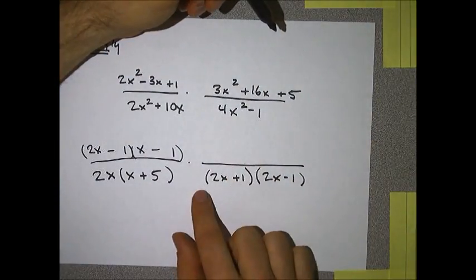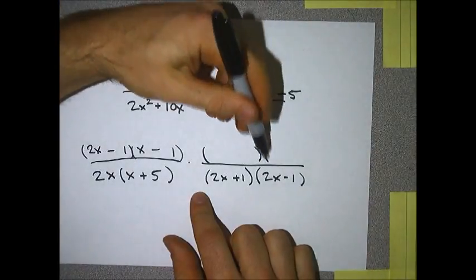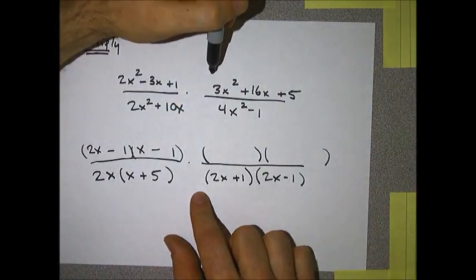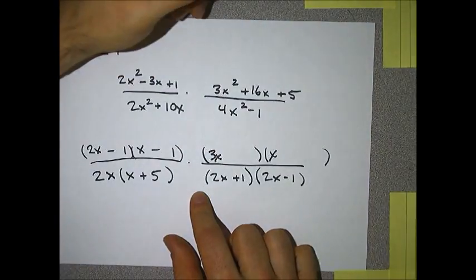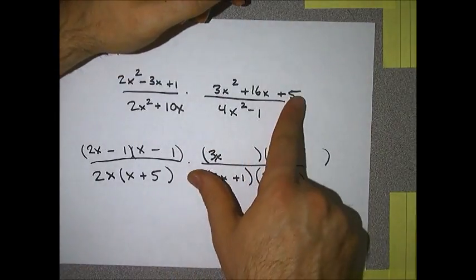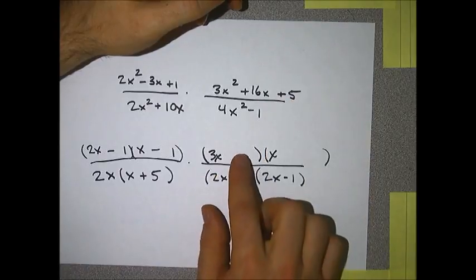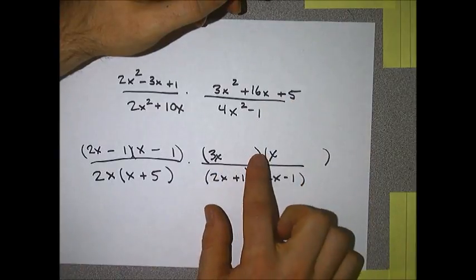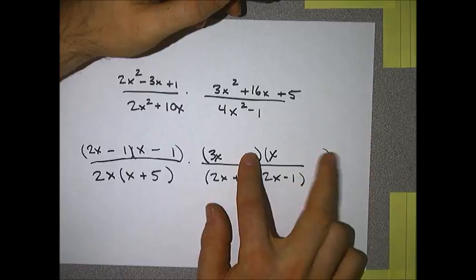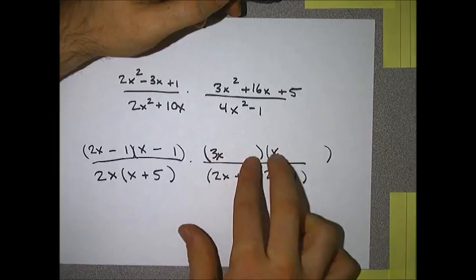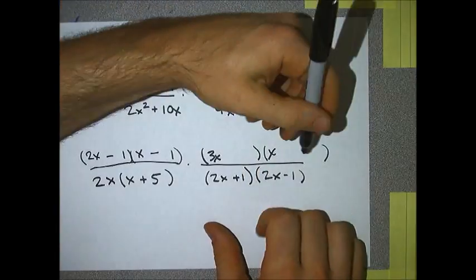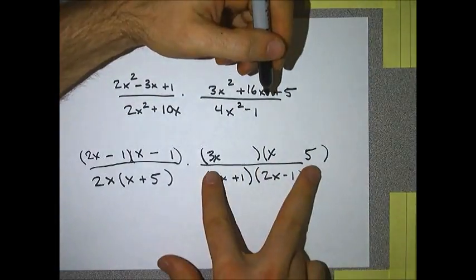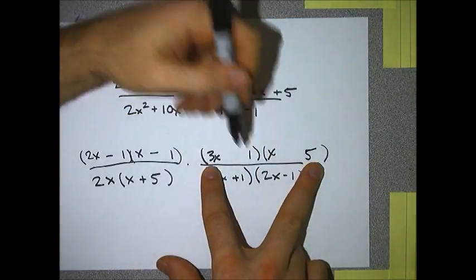Top right corner, I see three terms. First times first has to be 3x squared, so 3x and x. Last times last has to be 5, so it's 5 and 1 in some way or the other. If I put the 5 here and the 1 back here, that would be 3 and 5, and 3 and 5 doesn't give me 16, so I should put the 5 back here, because now that's 15, and 1 from the inner.